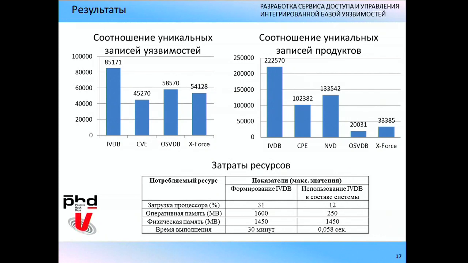But the number of vulnerabilities in the software. Can you show the slide? Unique records, product records, number of products. How can you evaluate the records which are shown in your database? Pardon me? Number of software products. That's the result. 22,000 records. You mean software?